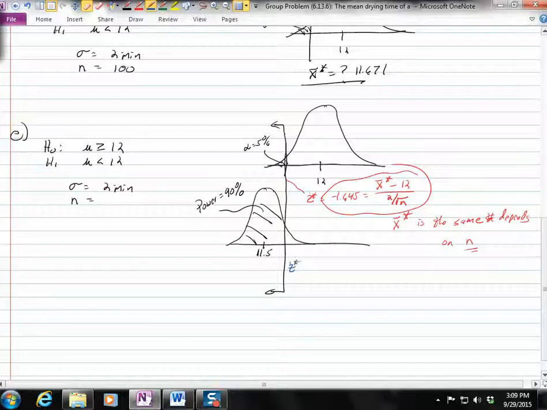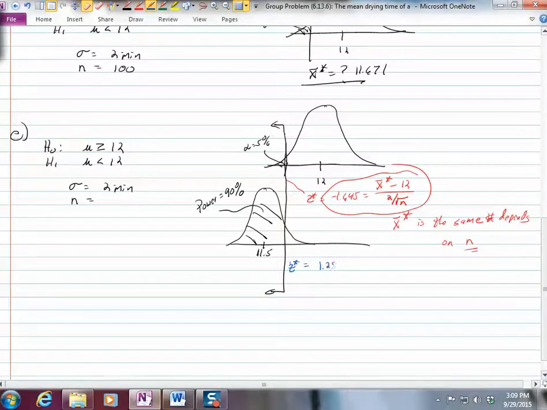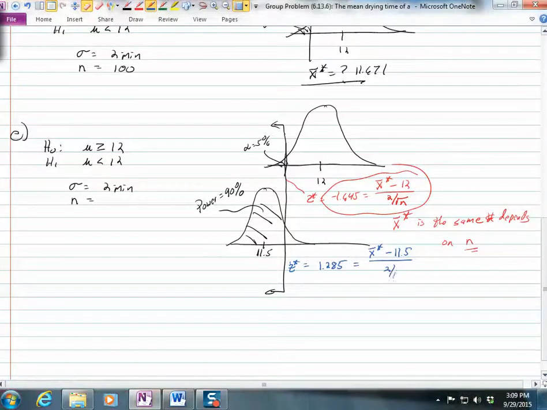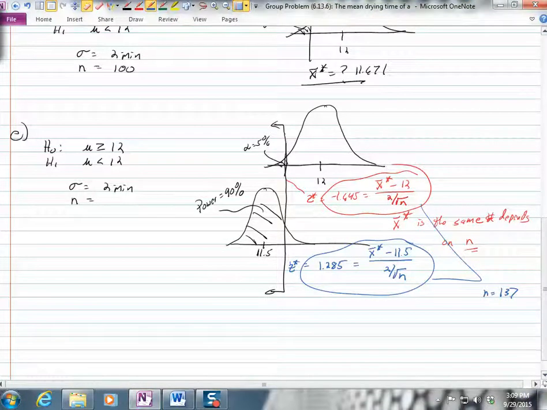For the power of 90, the z star is 1.285. There's the other equation. Solve those simultaneously to get n equals 137. I solve them both for x bar star and then set them equal to each other.